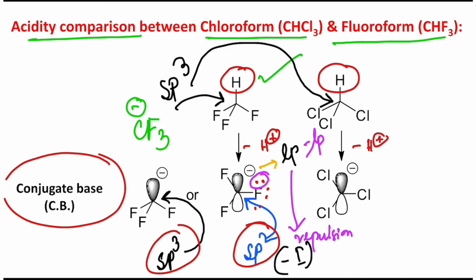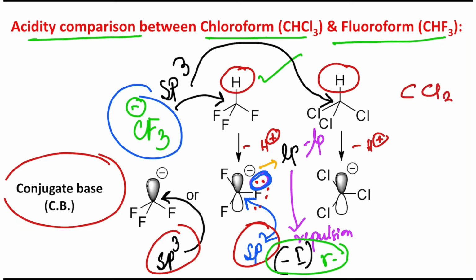I agree student, minus I or sigma withdrawing is a stabilization factor. Compared to that, there is a destabilization factor because of the lone pair on this fluorine atom. So based on that we can say that this conjugate base is not that much stable, it's actually moderately stable. However, if you look at chloroform, it produces CCl3 minus.